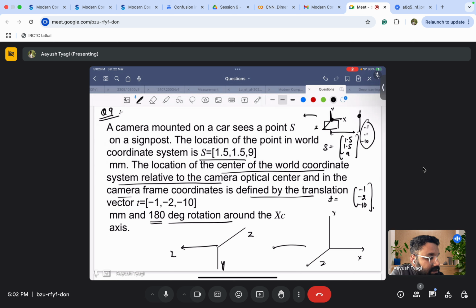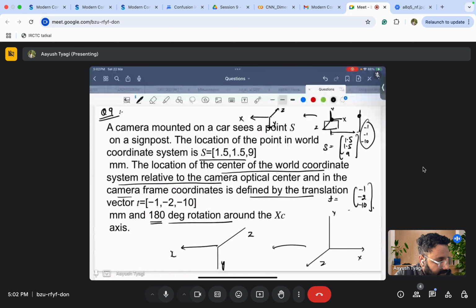So you rotate it along the x-axis. Let's say this is your x now, this is your z now, and this is your y now, right? The camera is present here, but in some sort of rotated version. So if you want to get the actual correspondence, you want to rotate it along the x-axis. And it has been translated, so there is a translation matrix which is given. So you are getting an image of a signpost, but there is a translation between the point and the camera, and the camera is also in a particular rotation. In this case, some sort of rotation is mentioned.